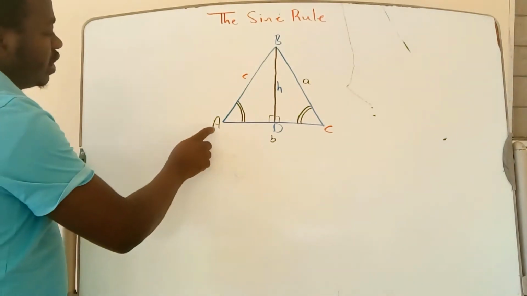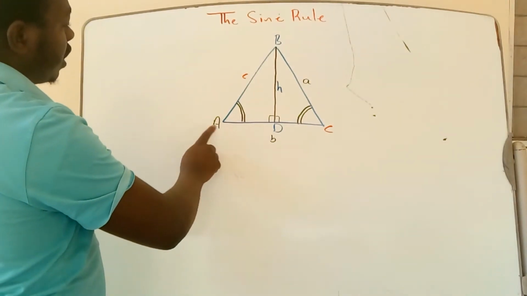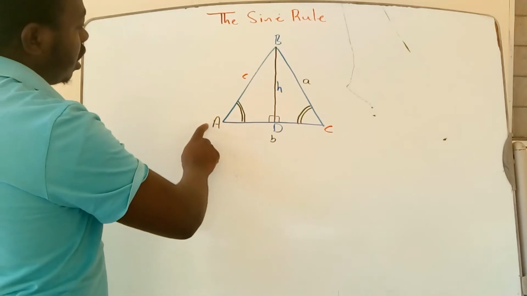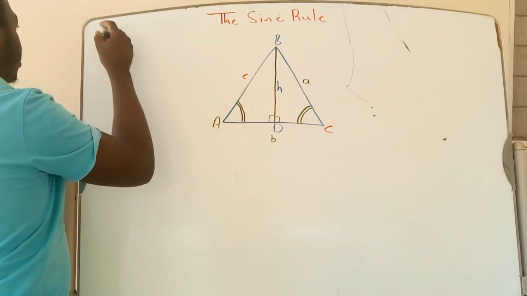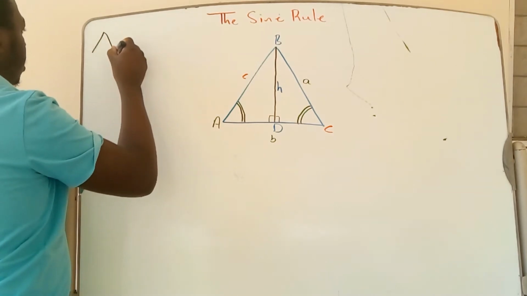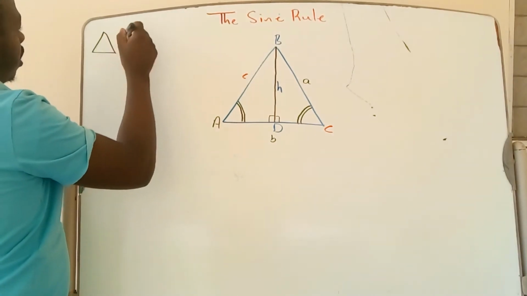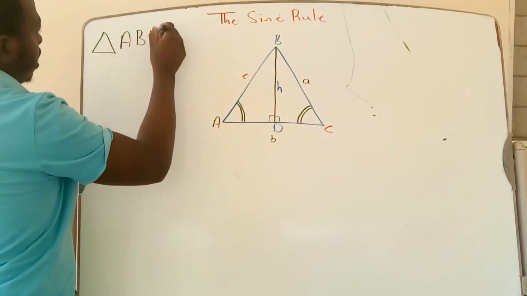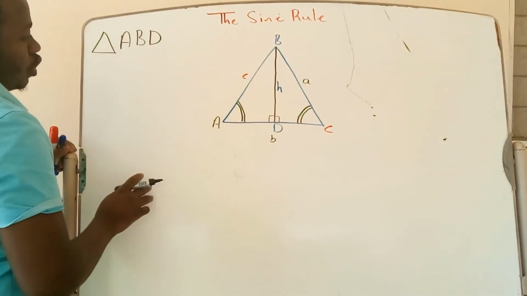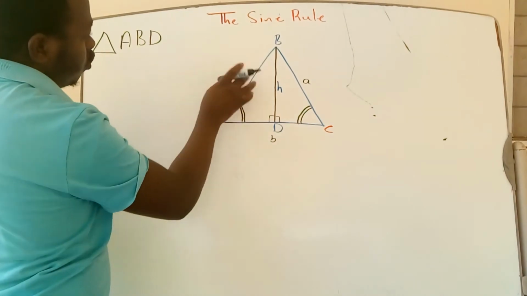Now, if we want to take the sine of A, we have to consider the right angle triangle ABD. So that's right angle. So if we consider in the triangle, and this symbol means triangle, ABD here, ABD, we have two measurements, right?